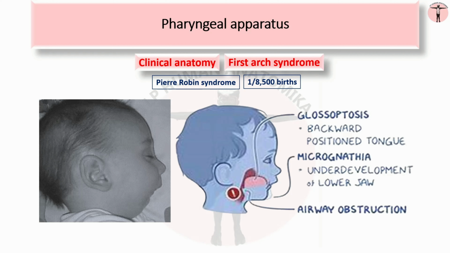Infants usually have a triad of clinical features: micrognathia, which is underdevelopment of the mandible; glossoptosis, which is the posteriorly placed tongue due to which there may be airway obstruction. The third feature is the cleft palate.